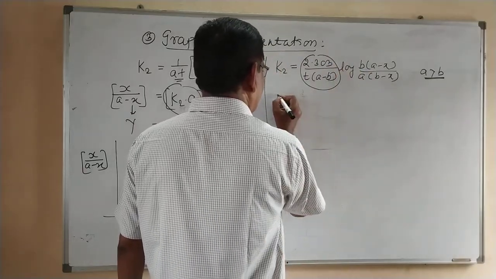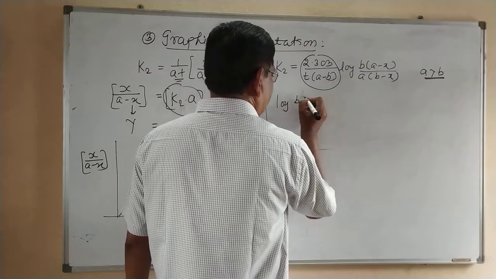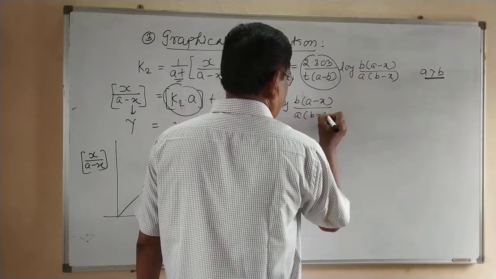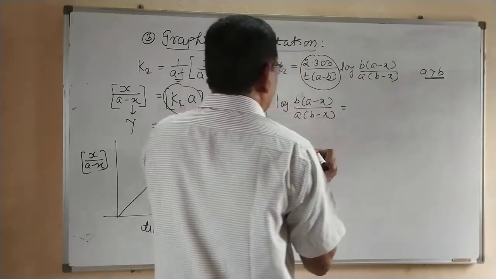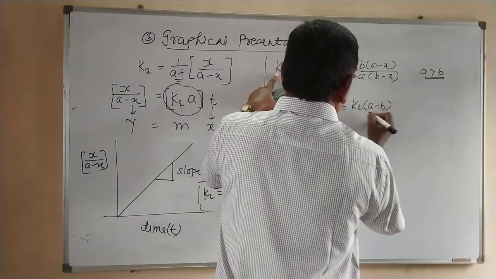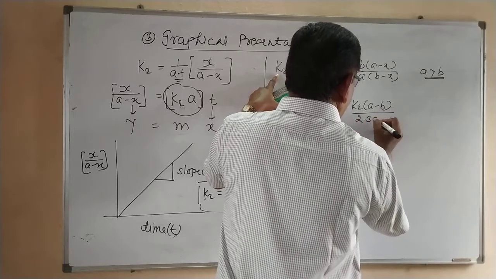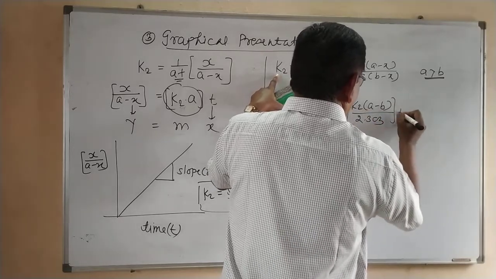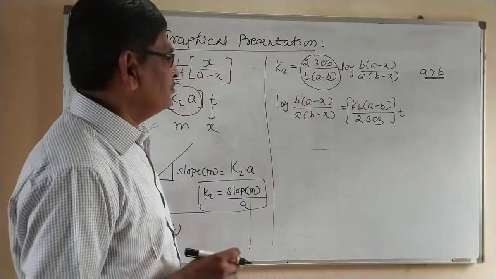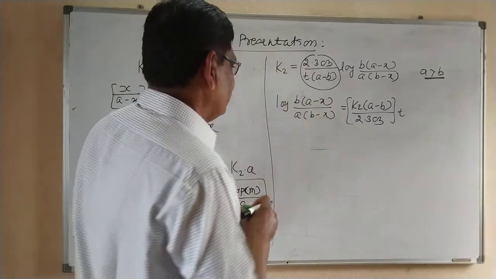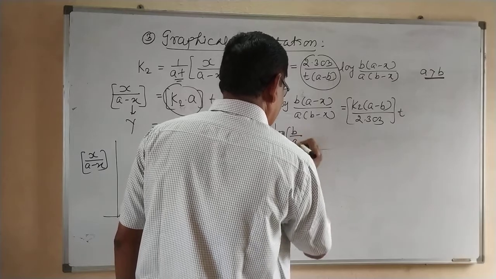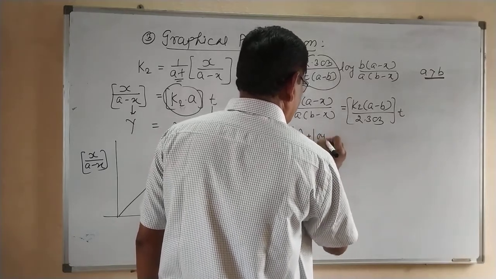What do you get? Log of a minus x over b minus x, shifted here, equals K2 into a minus b over 2.303 into t. Now split this term: log b over a plus log of this one.